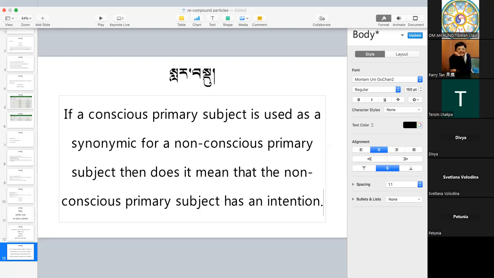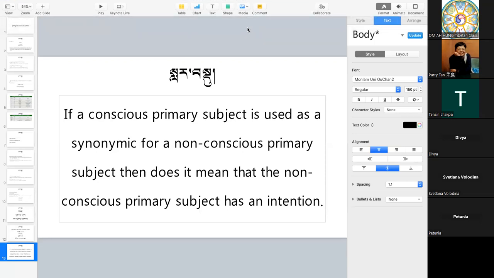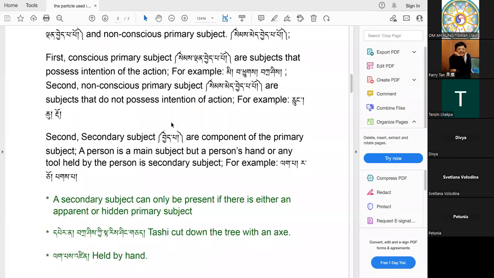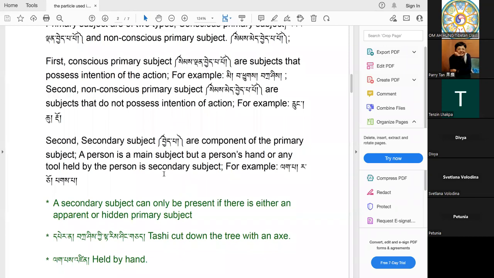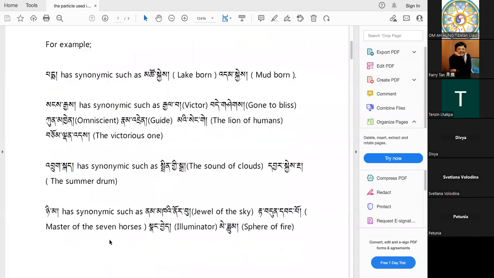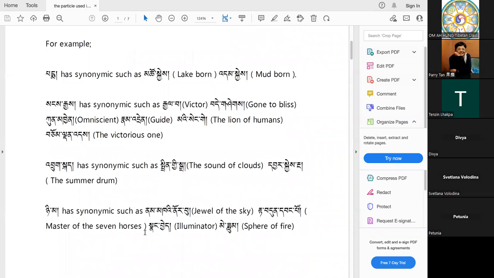So for example, we have the synonymic for the sun, that is the master of 7 horses, the Duongbo. Let me go back. Let me screen share this. So we have the Duongbo, which is the master of 7 horses.